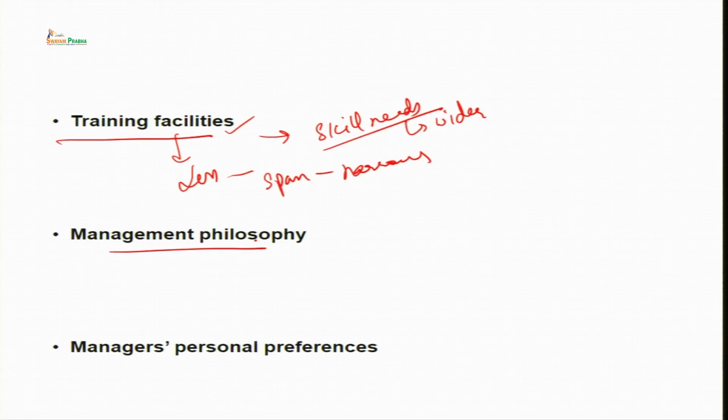Now, what is the management philosophy? That is the thought process of the management. What is their belief, their democratic principles, their emphasis on participative planning, etc. If they have a focus on participative planning, then we can go for a narrow span.